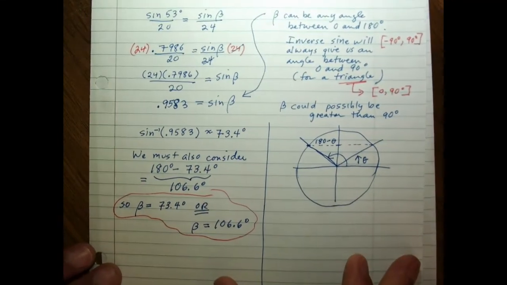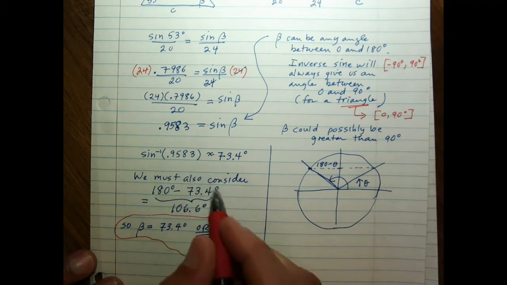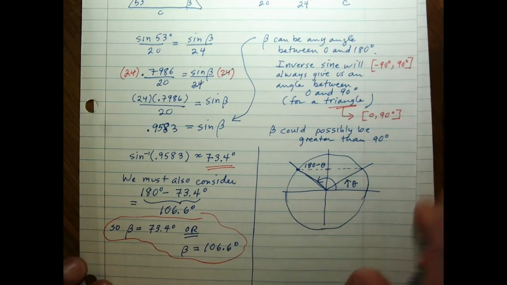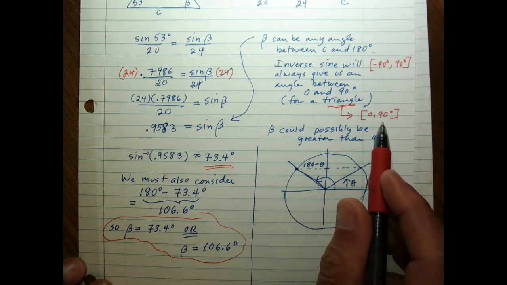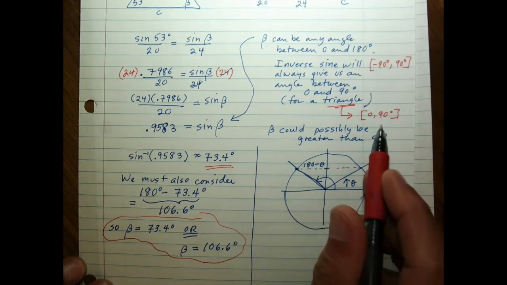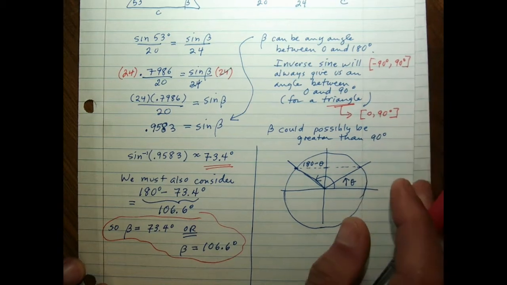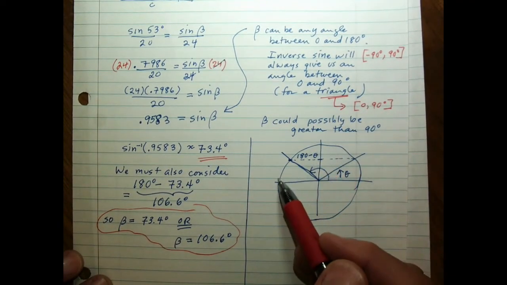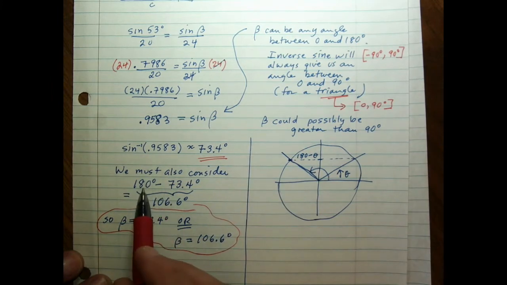The inverse sine gives us one of those angles. The inverse sine will always give us an angle that's an acute angle between 0 and 90 degrees. A triangle, though, might have an angle that's between 90 and 180, just like we saw here, 180 minus 73.4.